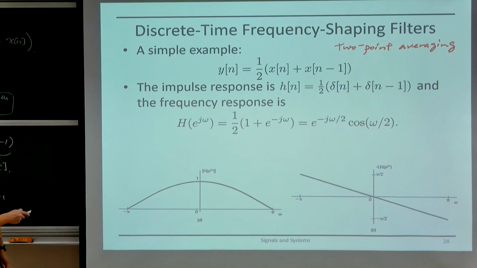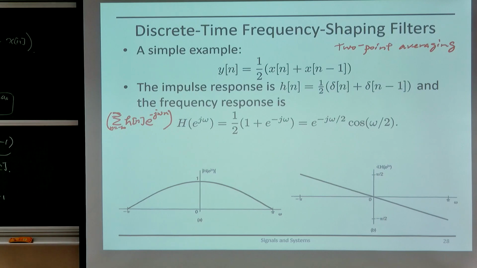All right, so previously we gave a formula for computing the frequency response from the impulse response. If you recall, this is the summation of h[n] e to the minus j omega n for n from minus infinity to infinity.